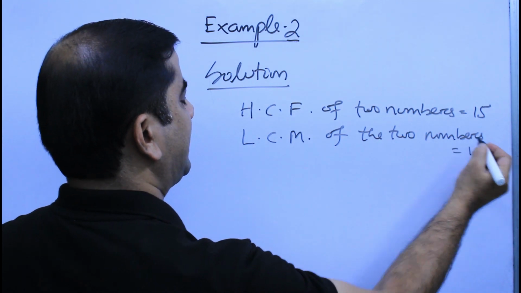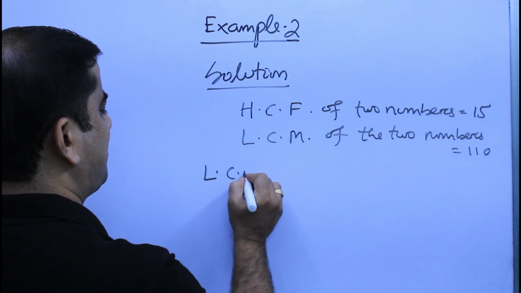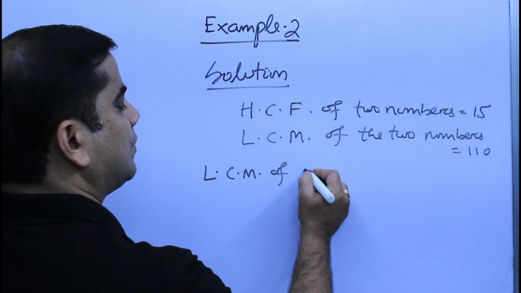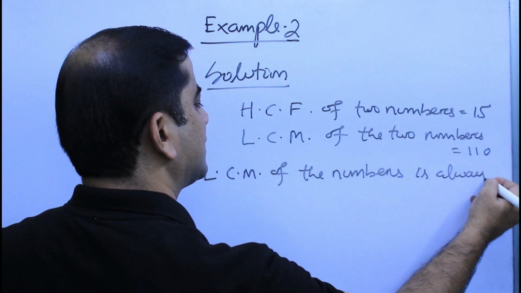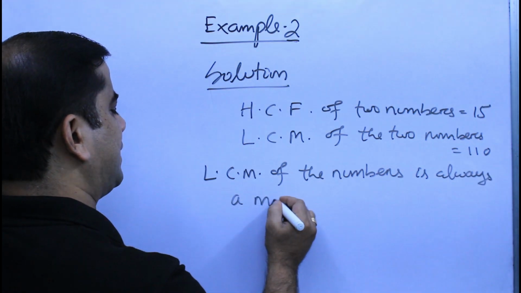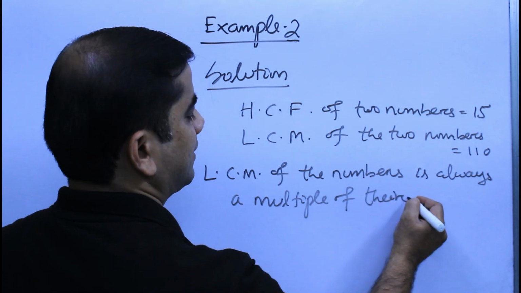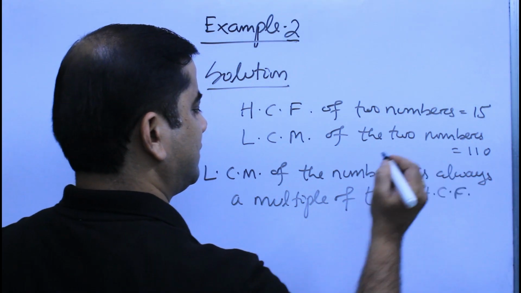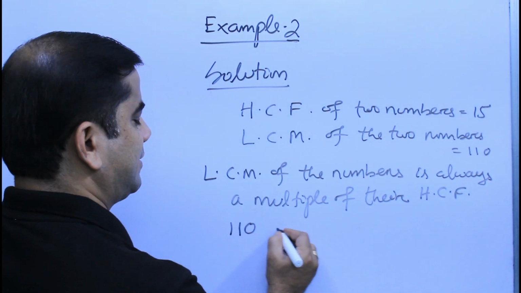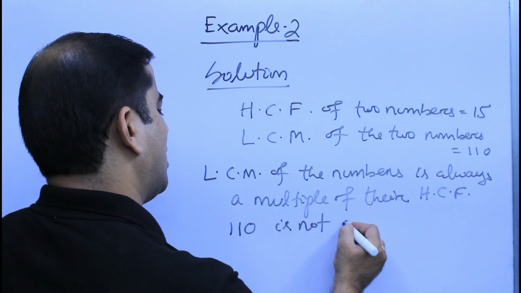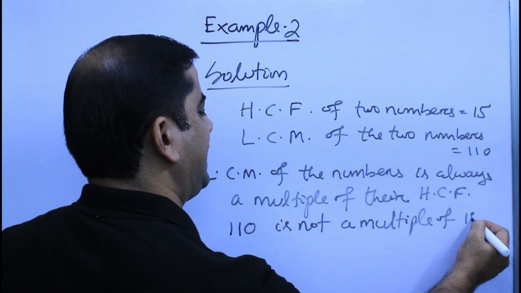is equal to 110. Then we should write that LCM of the numbers is always a multiple of their HCF. Now what we should write? 110 is not a multiple of 15.